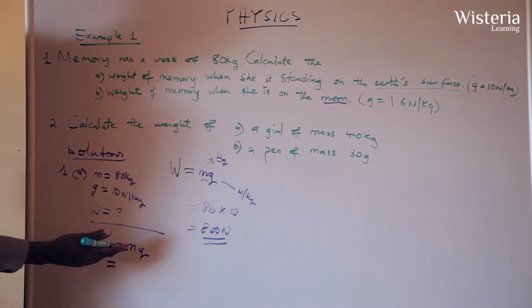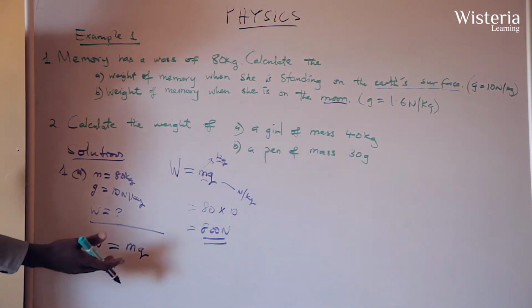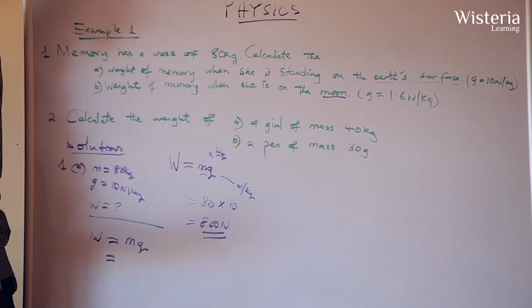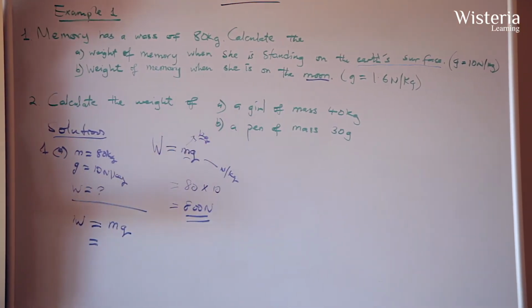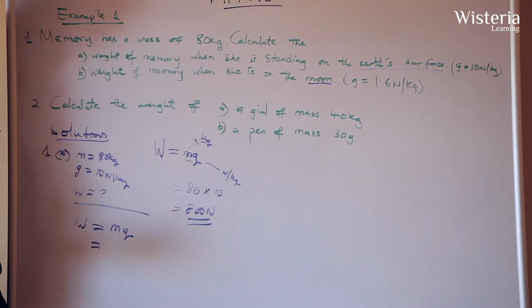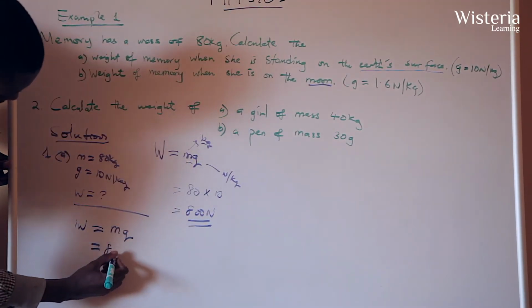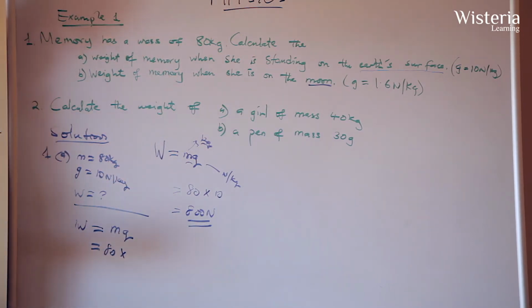We ask our question: when Memory is on the moon, what is the mass? Because mass is the same, it doesn't change, as we discussed, the mass of Memory will still be 80 kg.